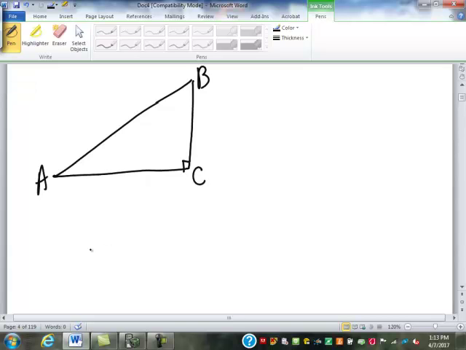So I give you a triangle, right triangle ABC. C is almost always a right angle. And let's say I tell you that this is 12 units long here, 35 there and 37 there.